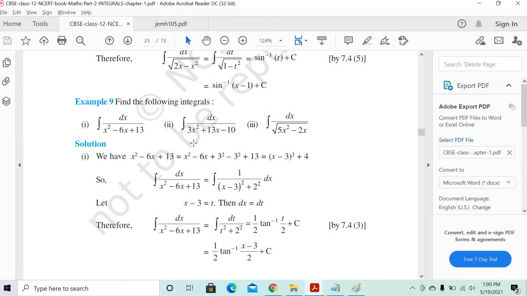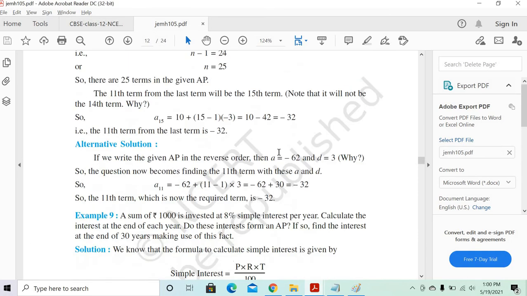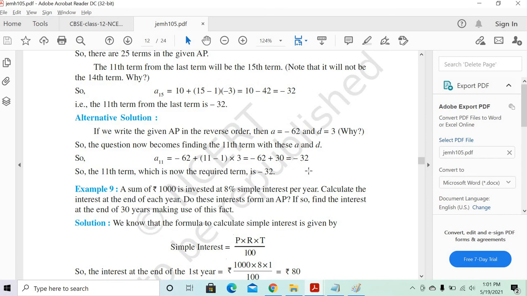So I'm getting it as minus 29. Minus 22? So minus 29. Okay, so let's check the answer whether it's correct or not. Minus 22 or minus 32? Minus 22 is the wrong answer.